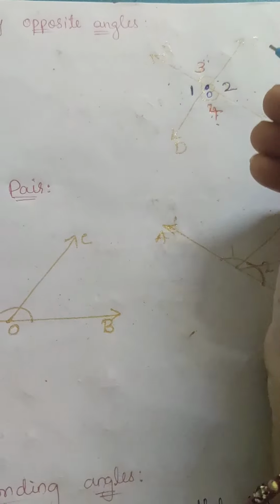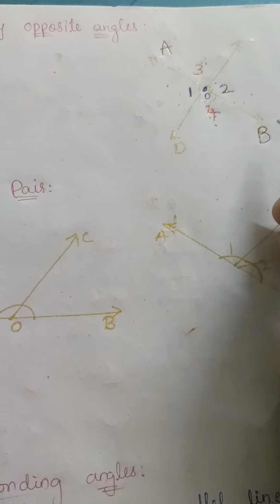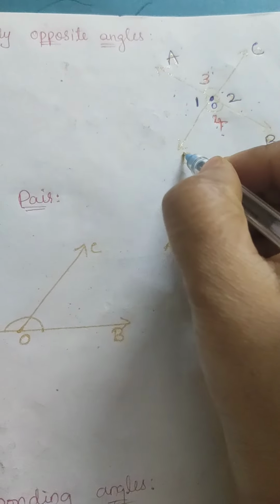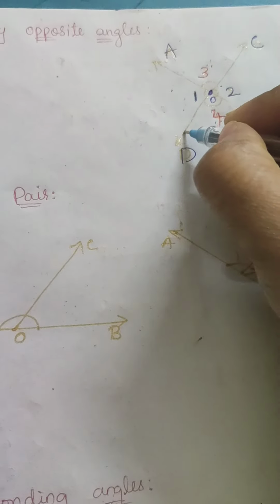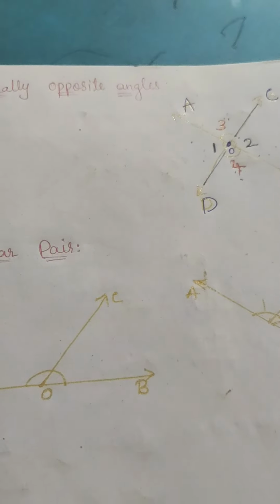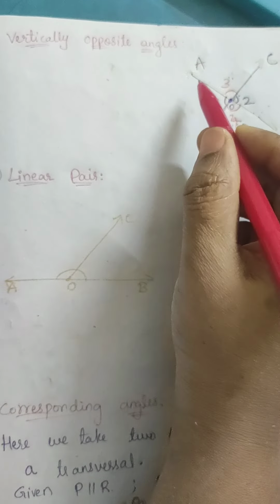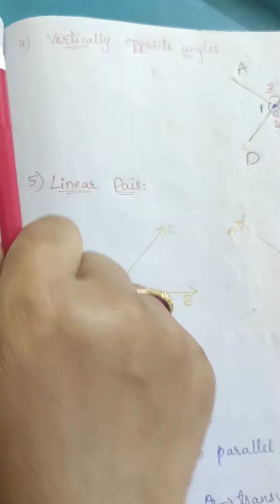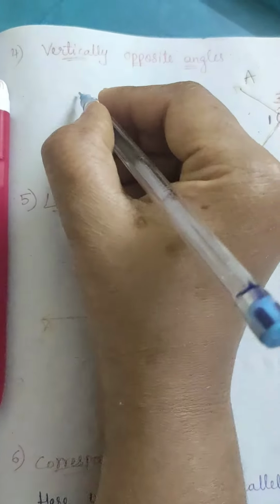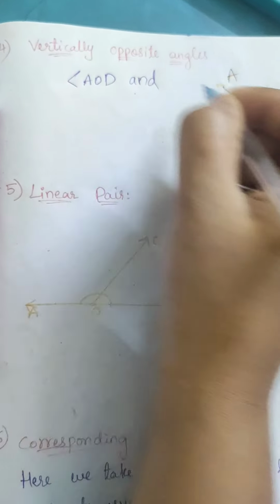Here with lines A, B, C, D, the vertically opposite angles are angle AOD and angle COB.